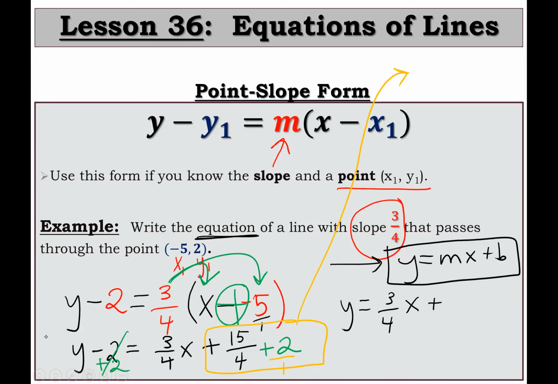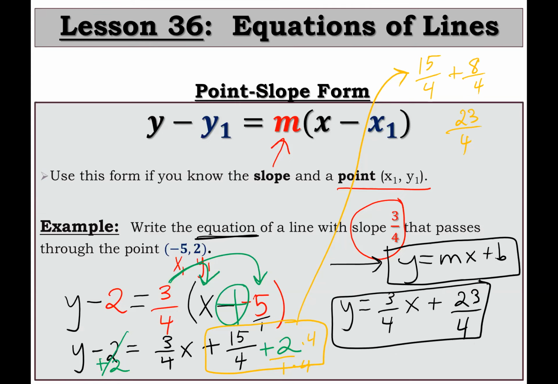If we get a common denominator of 4, multiply by 4 over 4, that's going to become 15/4 plus 8/4, which is 23/4. So our final answer, putting it all together, is y equals 3/4 x plus 23/4.